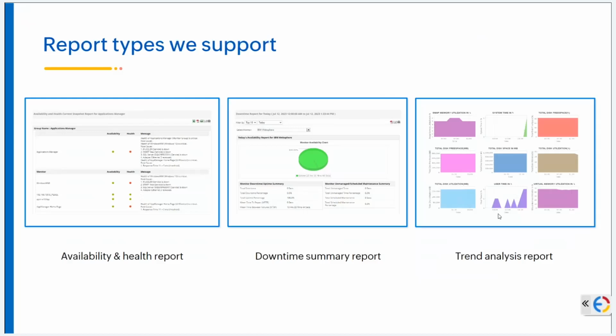So the report types that we support are availability and health report, which is self-explanatory. It shows the report of the availability and health of certain servers or the monitors. And downtime summary report gives you a report of the availability or the downtime of that particular monitor. And trend analysis reports gives you an overall trend of all the metrics in that particular monitor or server.